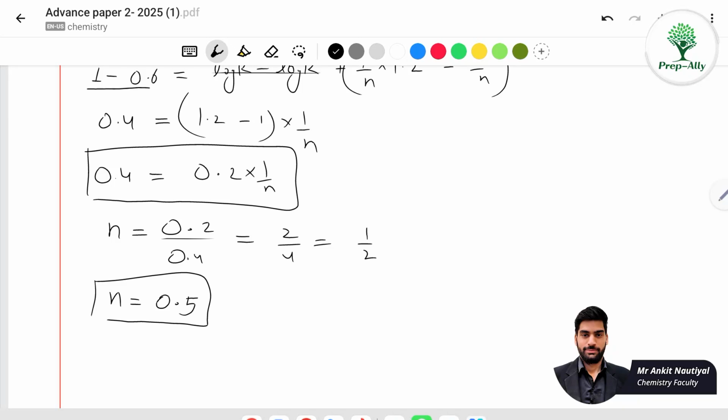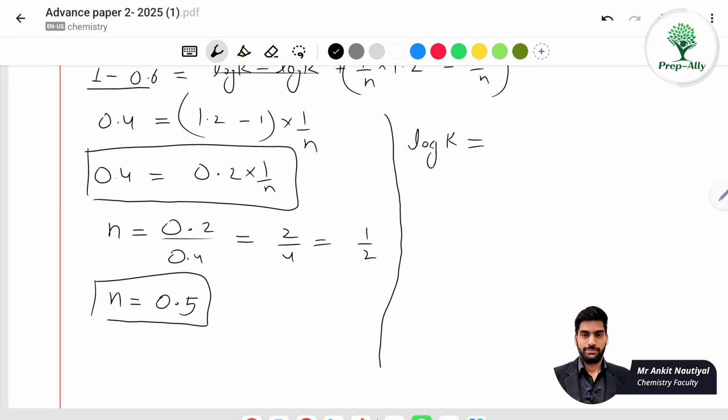After this, we can again put this value to find the value of k. Now we can put this value in either equation first or equation second. From both equations we can get the value of x upon n. If I put this value in either equation, we can easily get the log k value.